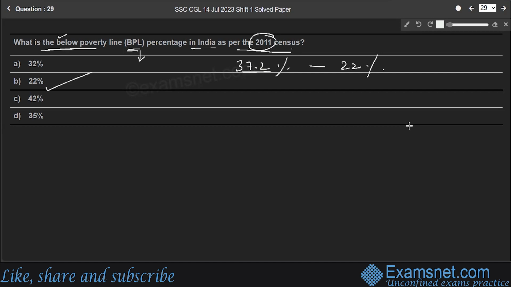So this 37.2% was in 2004-5, right? So it has come down to 22% in the 2011-12 census. Therefore, option B, 22% is the below poverty line percentage in India.